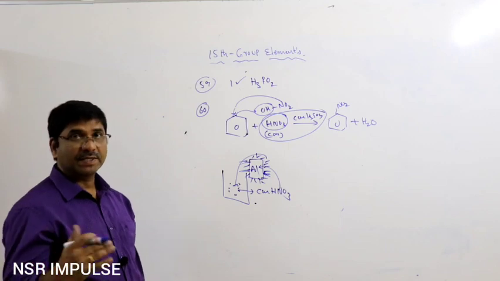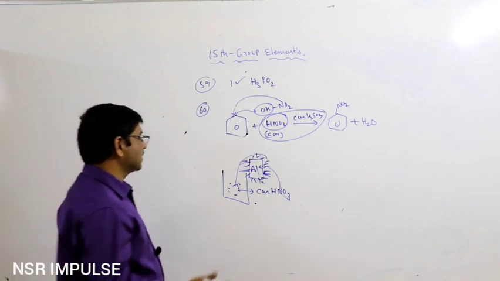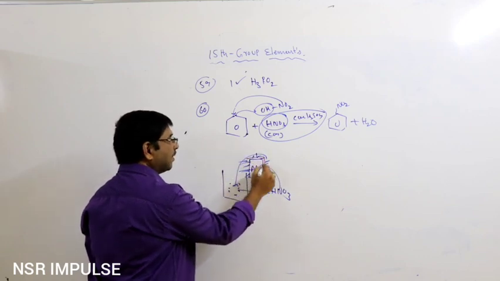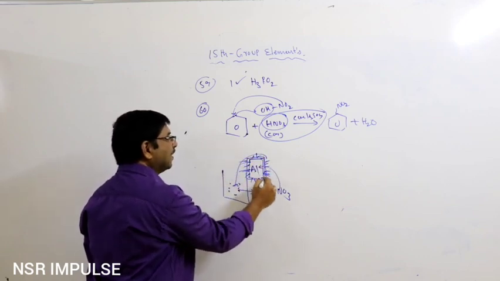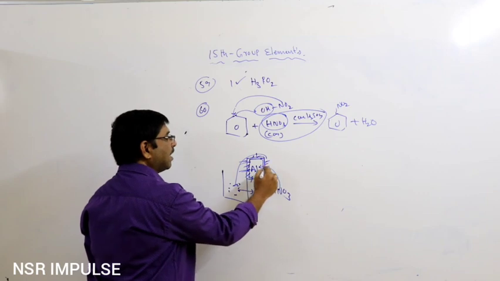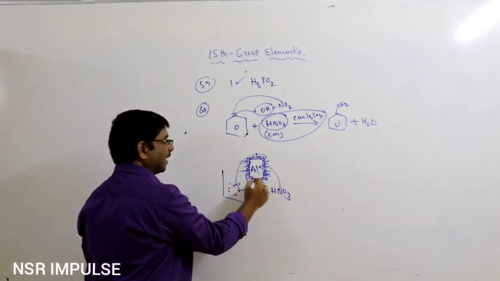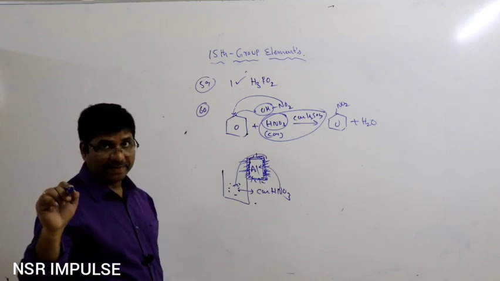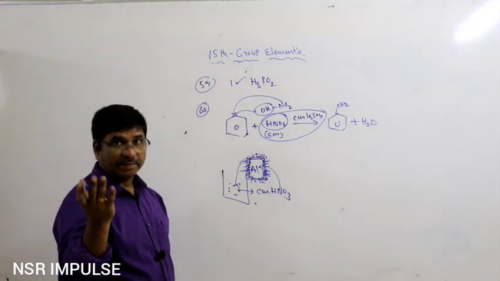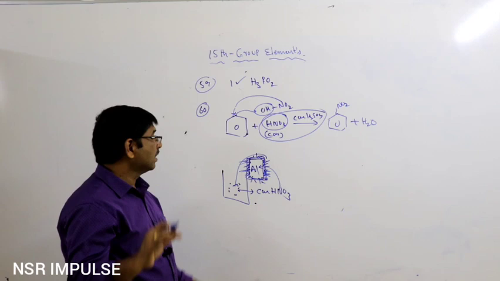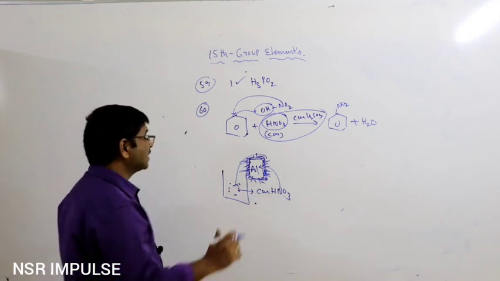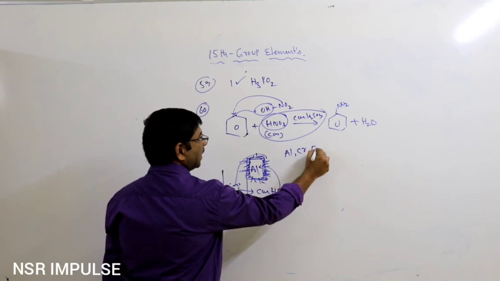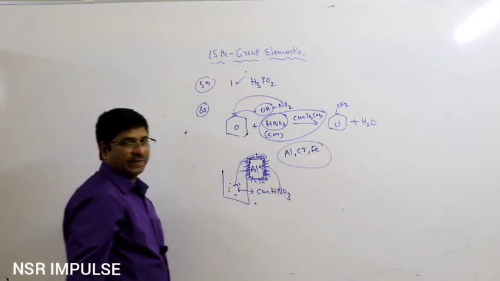Why does the reaction not continue? Initially when they react, it forms a type of film, a compound layer, on the surface of the metal. That is called passivity. It does not react more and more. That is possible in aluminium metal, chromium metal and iron metal.